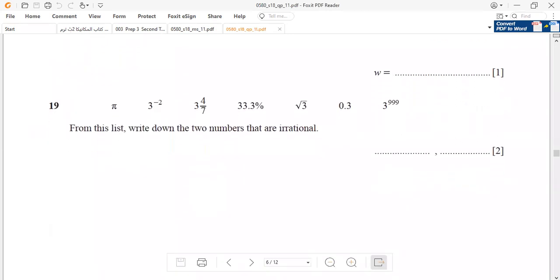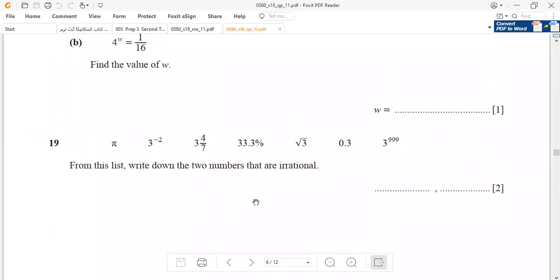In number 19, from this list, write down the 2 numbers that are irrational. First of all, we will choose this number, pi. Any number that has the symbol pi will be irrational: 2 pi, 3 pi, pi over 2, pi plus 1, negative 3 plus pi.